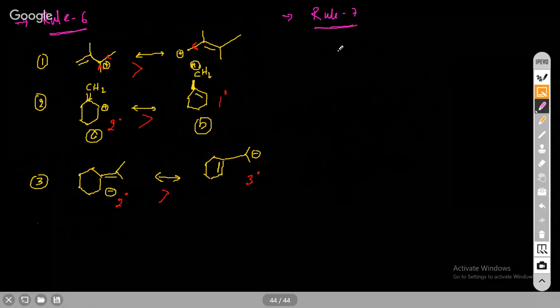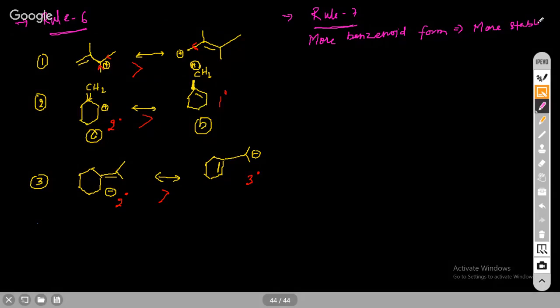Okay. Now rule 7, write down this: more benzenoid form is more stable. Right? If you have more benzenoid forms, then the stability will be more. Now, what is this benzenoid form? Suppose I write down the example of naphthalene.